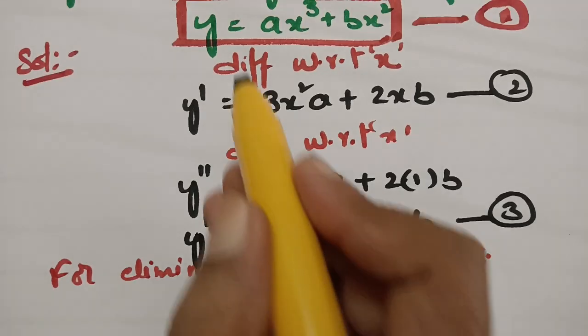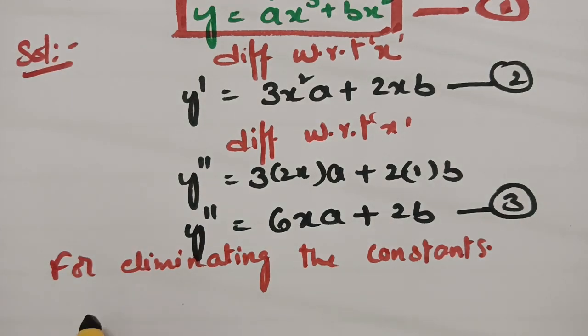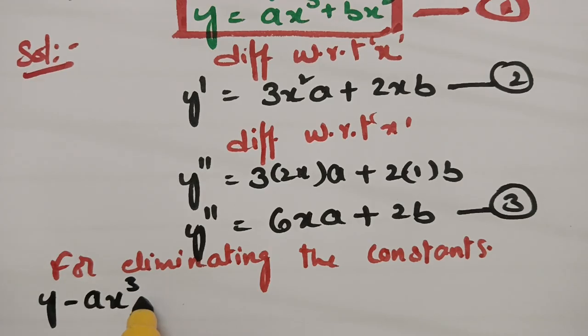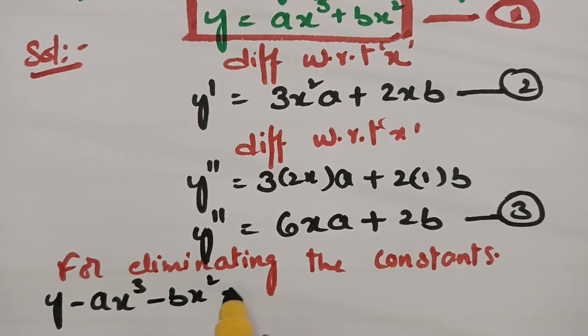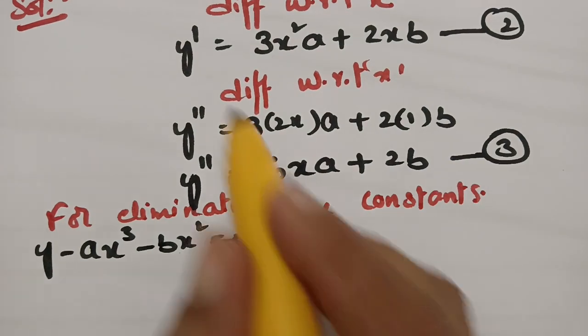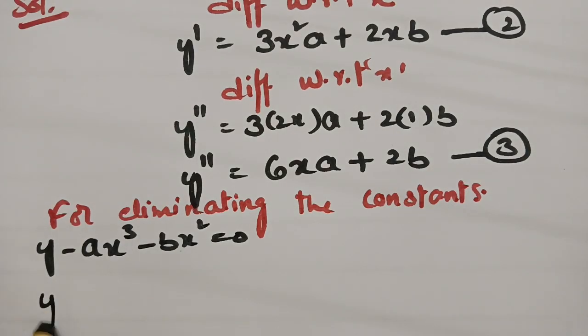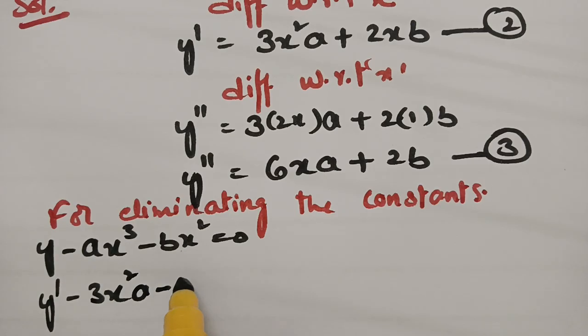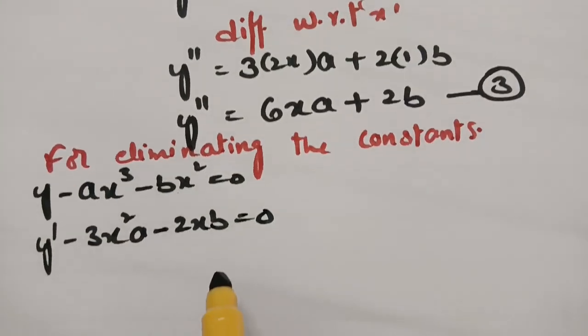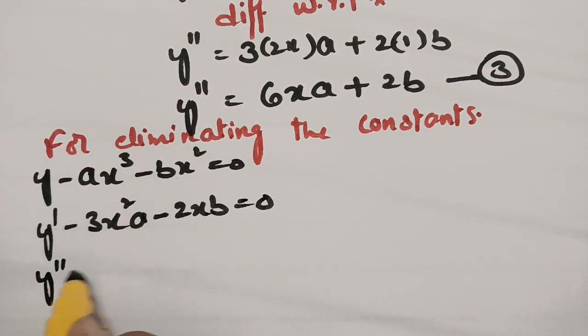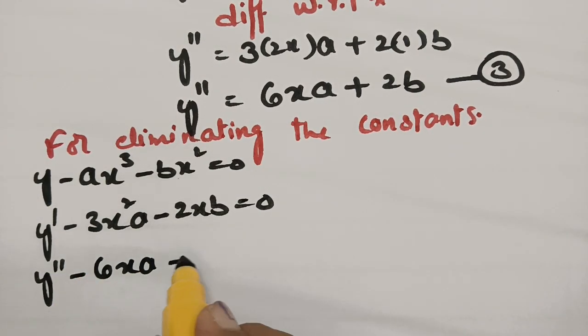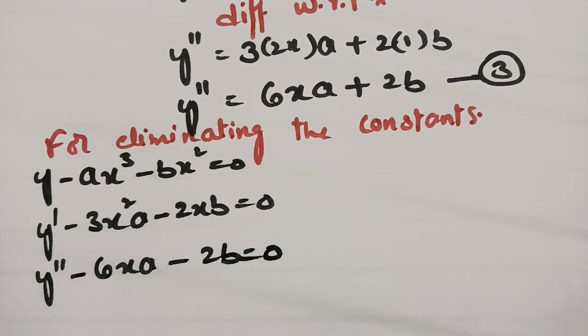The first equation is y minus ax cube minus bx square is equal to 0, the second equation is y dash minus 3x square a minus 2xb is equal to 0, and the next equation is y double dash minus 6xa minus 2b is equal to 0. And now I'm using the determinant.